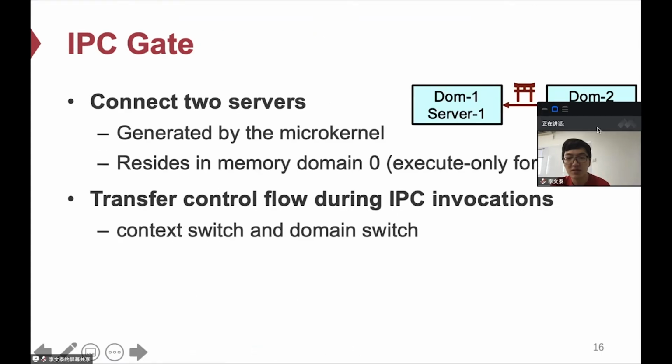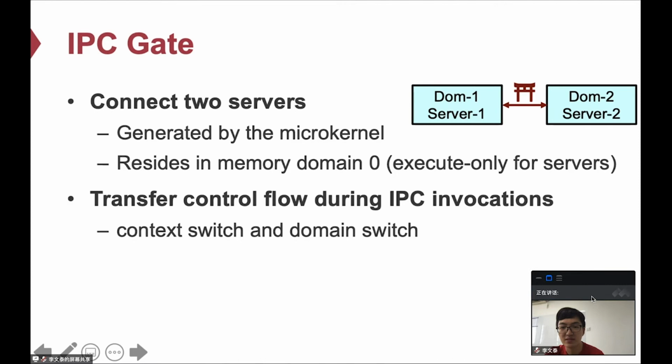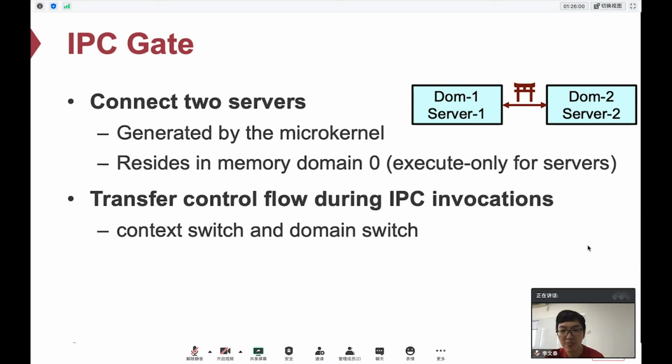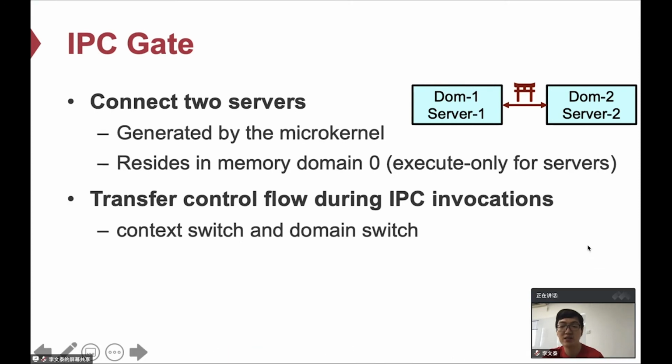Even though the system servers reside in the same kernel space, they are isolated from each other and their IPC interfaces are preserved. When connecting two system servers in the execution domains, the microkernel generates an IPC gate for them. The IPC gate resides in memory domain 0, which can only be read or written by the microkernel. So, for servers, IPC gates are execute only.